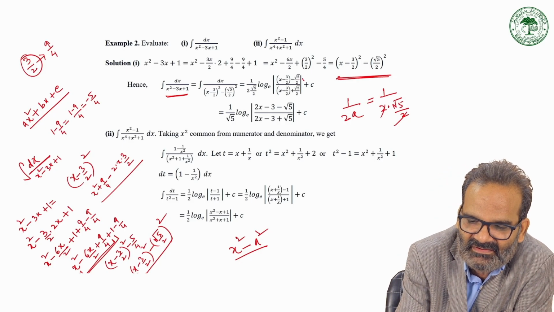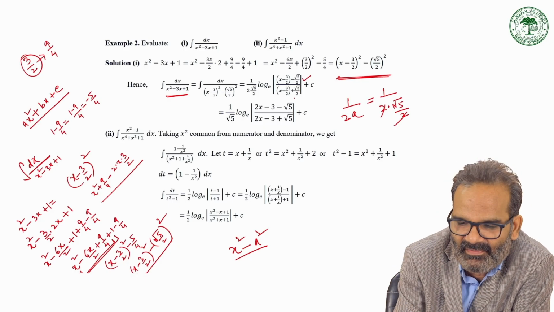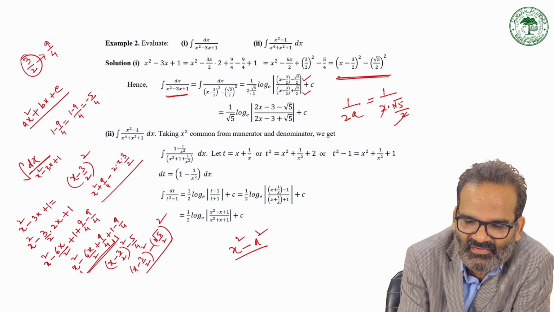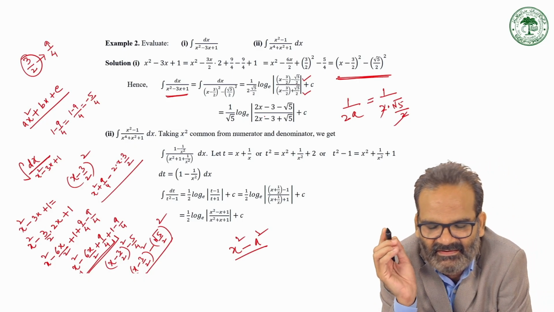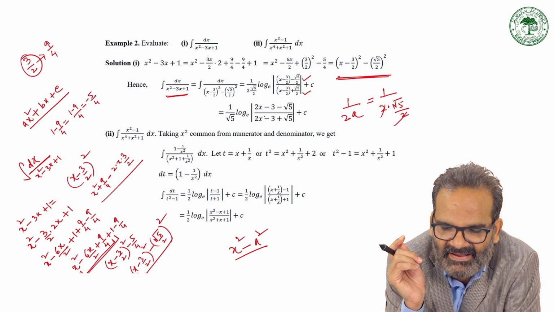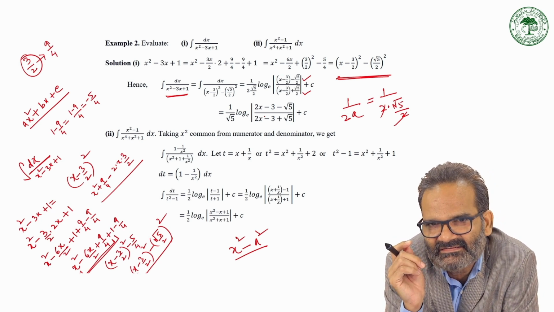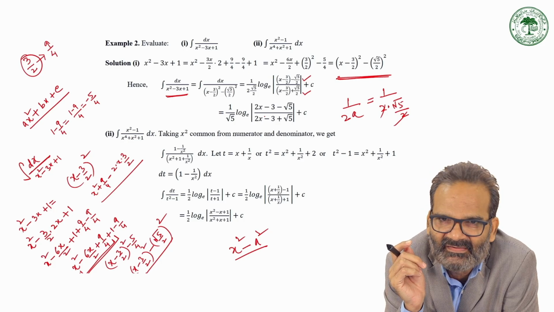This is your numerator: x minus 3 by 2 minus root 5 upon 2. This is your denominator: x minus 3 by 2 plus root 5 upon 2. So 2 and 2 will cancel out. What is left is 1 upon root 5 log. Simplify it, open this bracket, and you will get 2x minus 3 minus root 5 in numerator and 2x minus 3 plus root 5 in denominator.